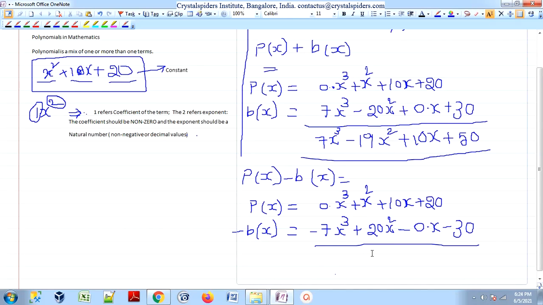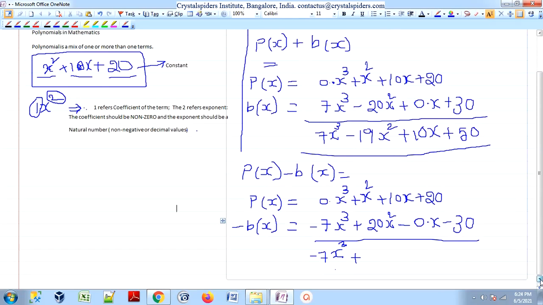So what will be the result now? Now let's see what the result is. So minus 7x cube, it will be minus 7x cube, right? And here plus 21x square. This is 1, the coefficient of x square of p of x is 1 now.